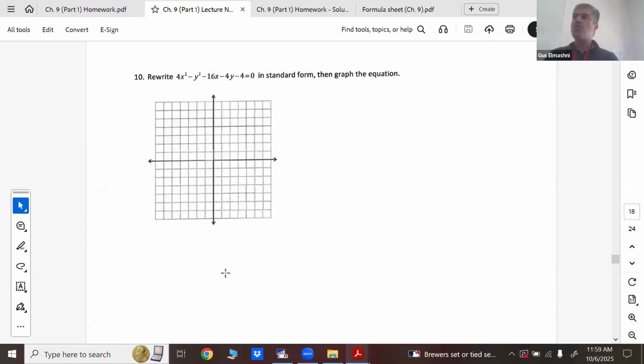Let's do this. Why don't you guys try number 10 on page 18. So this is a hyperbola. But you've got to complete the square, so I'll make sure you guys are comfortable completing the square here. Go and try 10 on page 18. Also I want you to state for me the vertices, the foci, and the asymptotes.